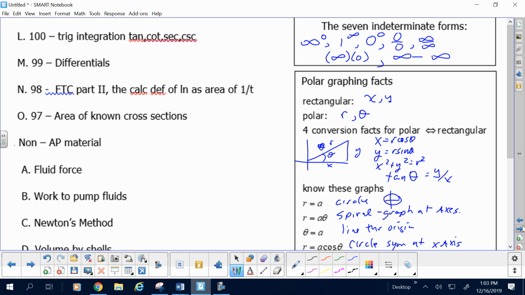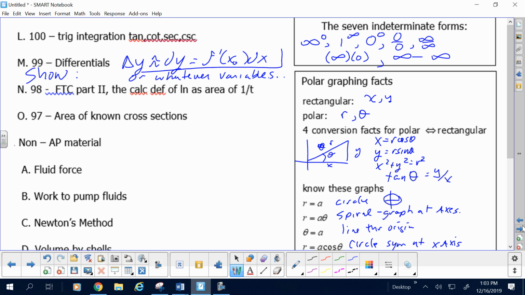Differentials. Show this: delta y is approximately dy equals f prime dx, or whatever the variables might be. But that has got to be on your paper.